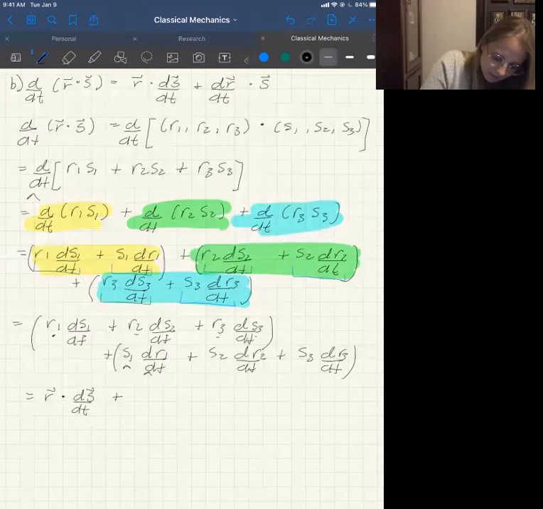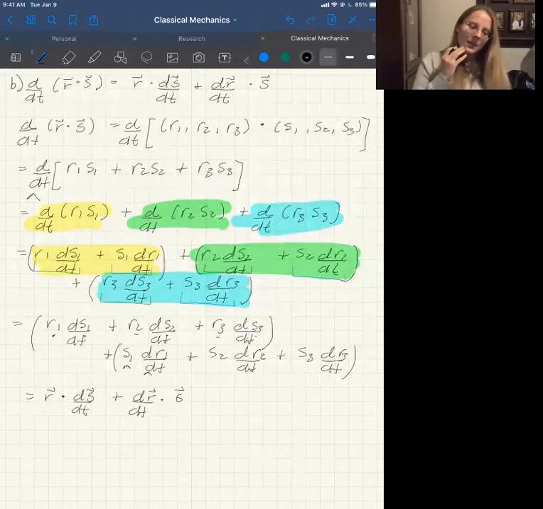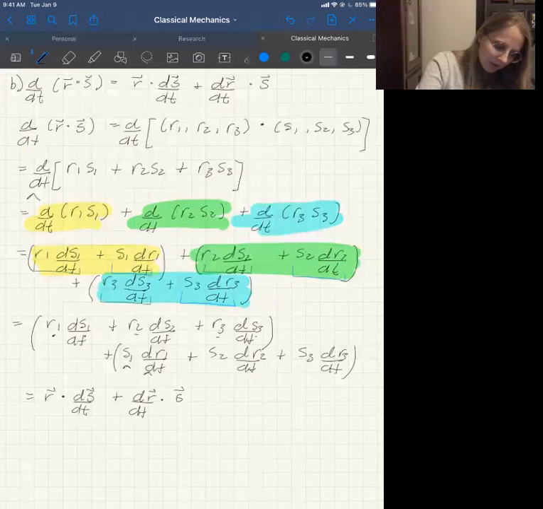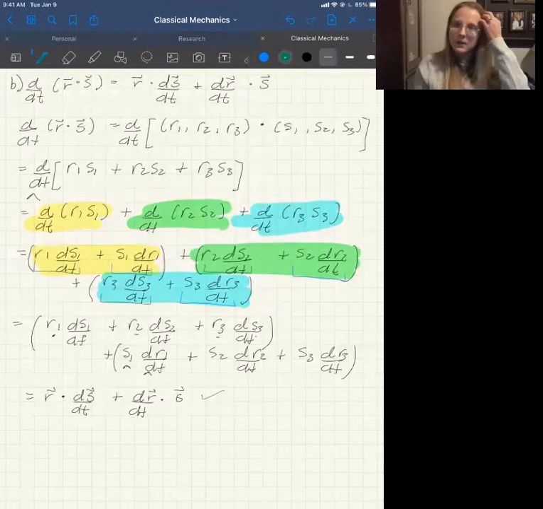So that would simply give me the derivative of the R vector dotted with S, which is what I was trying to prove. So that's how you can prove the product rule also holds for the dot product.